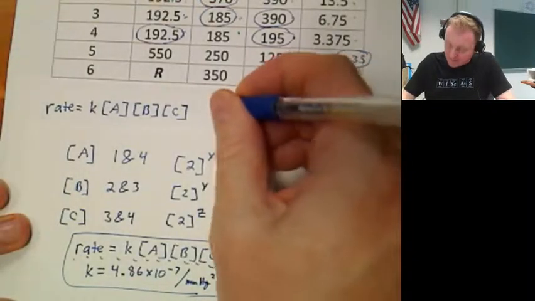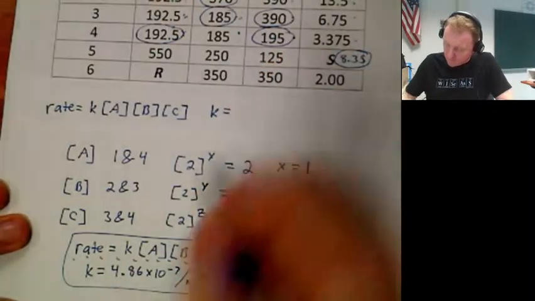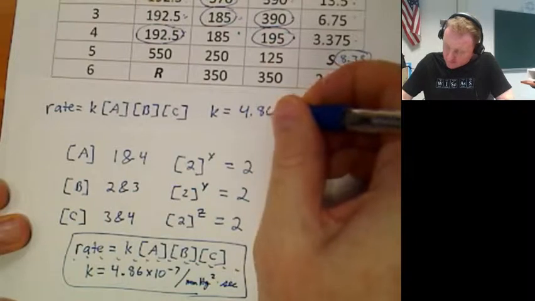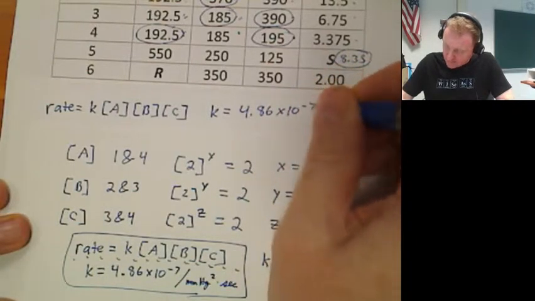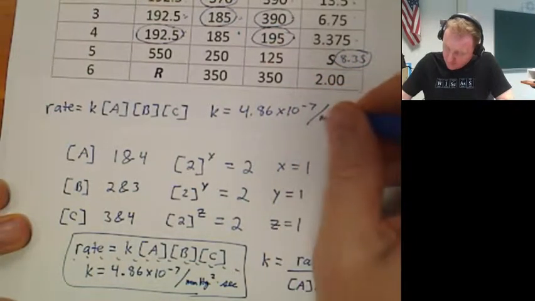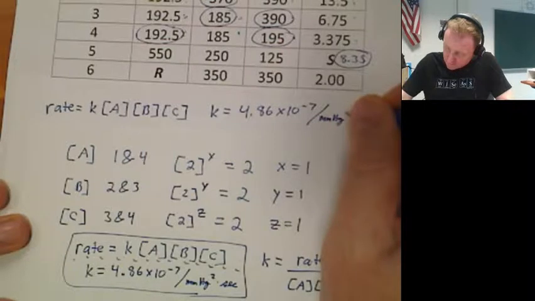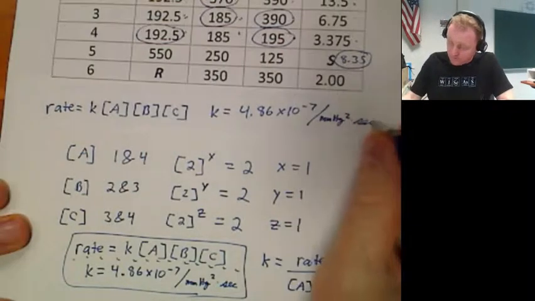And I'm going to also say K equals, from here, 4.86 times 10 to the negative 7th per millimeters of mercury squared seconds.